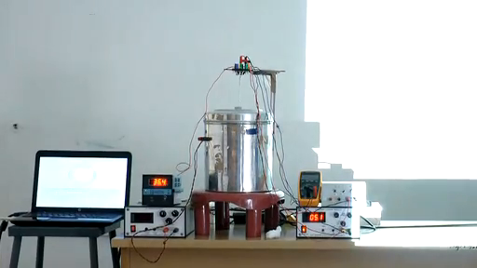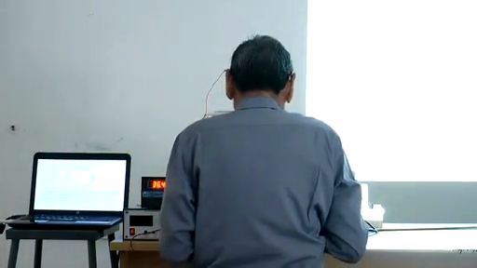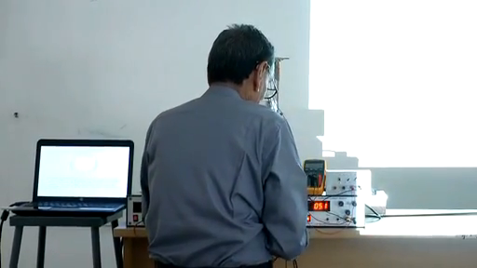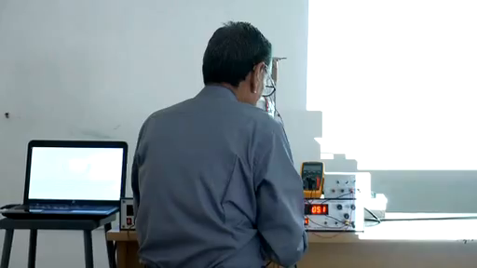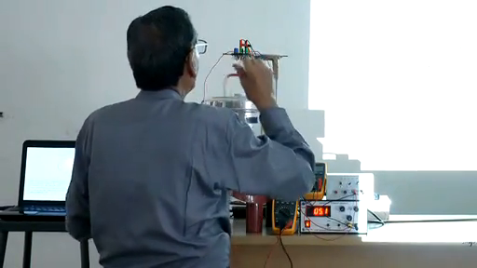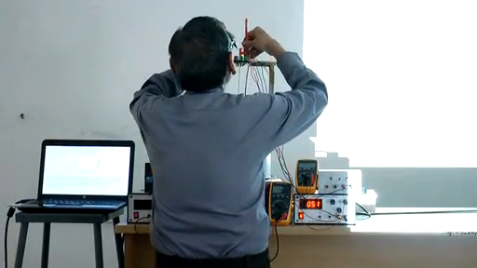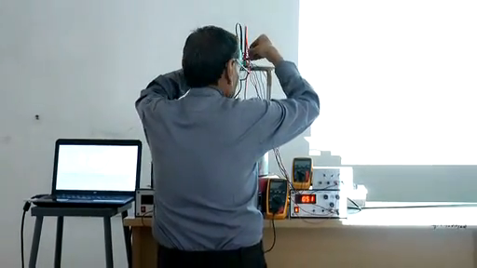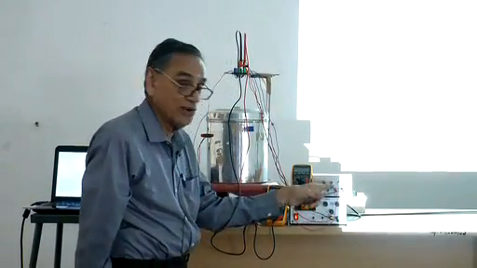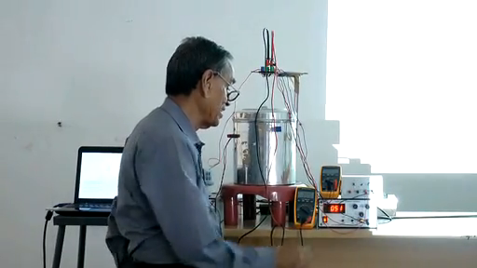I use a multimeter to measure the forward voltage between 5 and 6, that is the red and the black terminal. So, now the forward voltage is 0.3 volts.